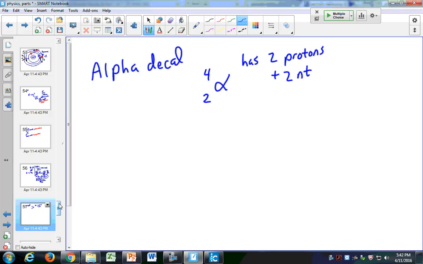So when I have alpha decay, that means I lose an alpha particle. So if I have an element X that is A and Z, this is going to go to X, A minus 4, Z minus 2, plus my alpha particle 4 and 2. And then all my notation balances out. I lost a 4 up here, but I gain it over here. I lost a 2, but I gain it over here.